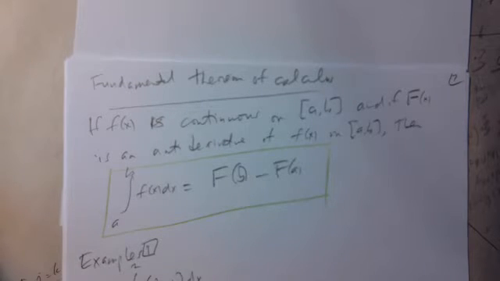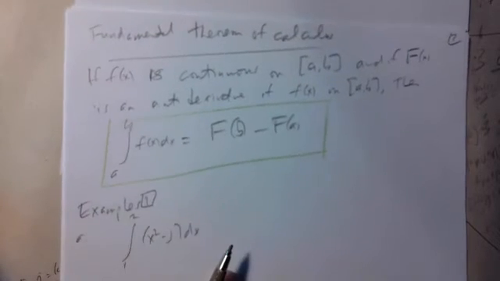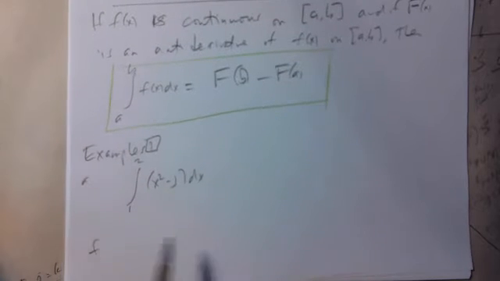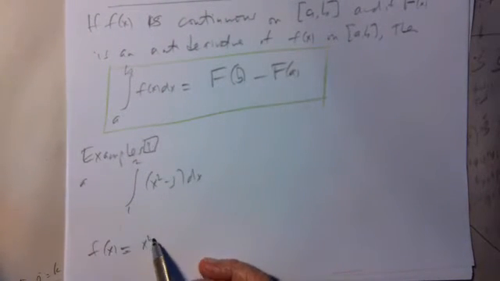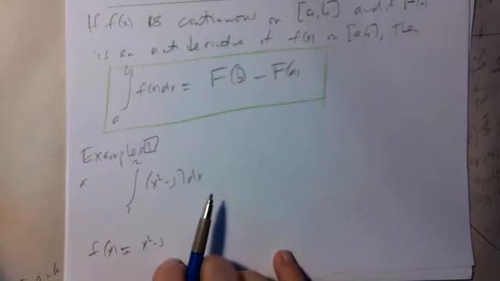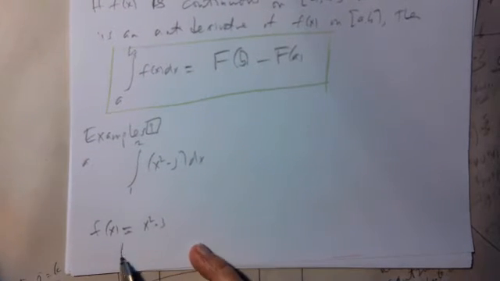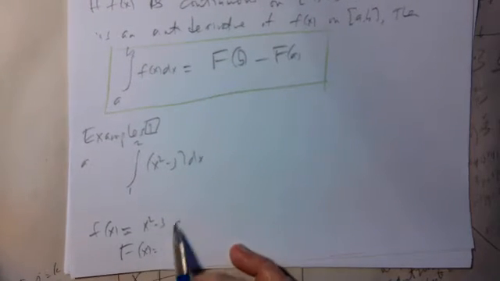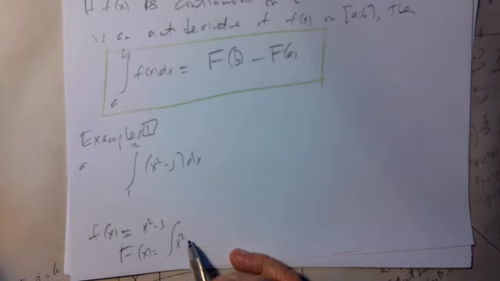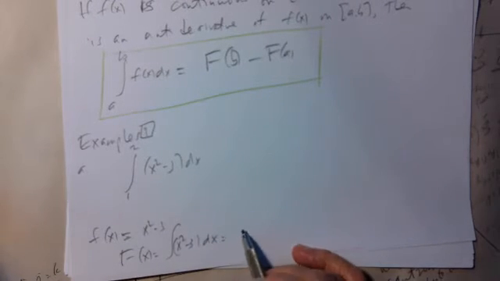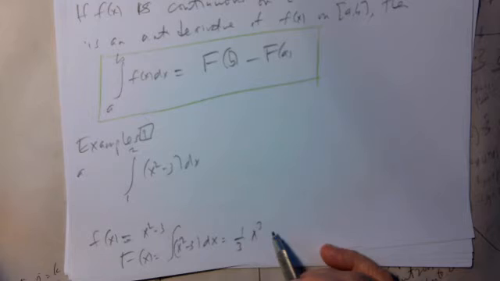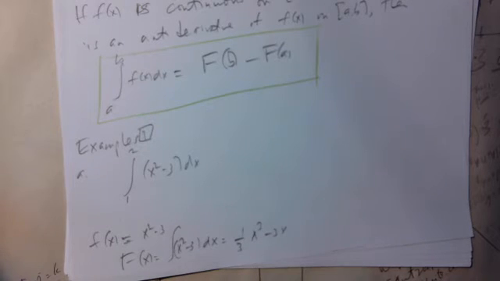So here the function that we're integrating is f of x equals x squared minus 3. And the antiderivative, capital F of x, that is the indefinite integral of x squared minus 3, is 1/3 x cubed minus 3x. So this is my antiderivative, capital F.